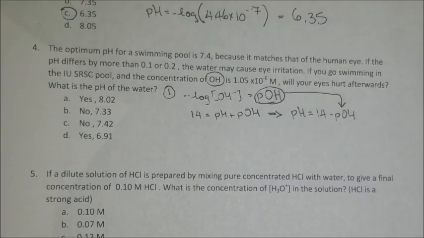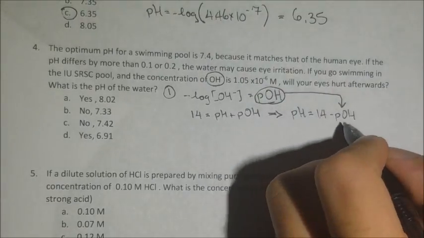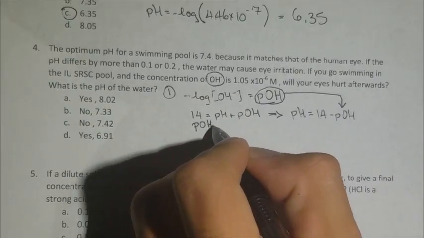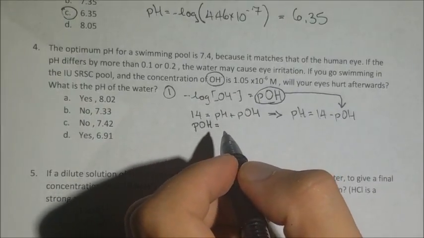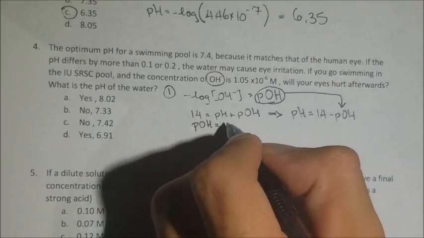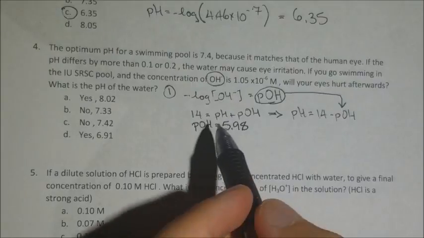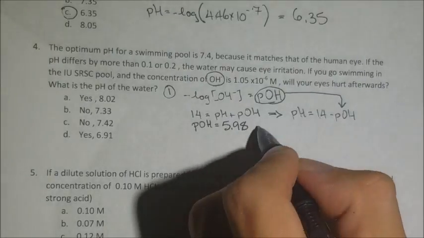So let's go ahead and do this numerically now. So the pOH, here, let me write it like this, pOH equals, we'll just round like this, 5.98. All right, so if we know the pOH, now we can solve for the pH.